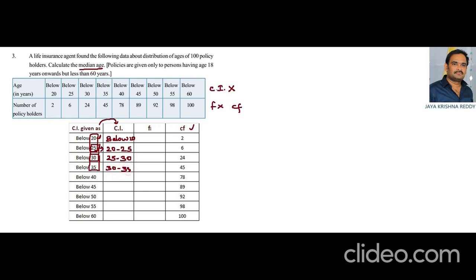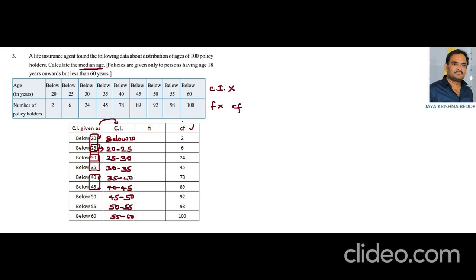Like that, we can write the class intervals, 35 to 40. Here 45 is there, what is the previous one? 40. So make it a class interval, 40 to 45, and 45 to 50, and 50 to 55, and the last one is 55 to 60.